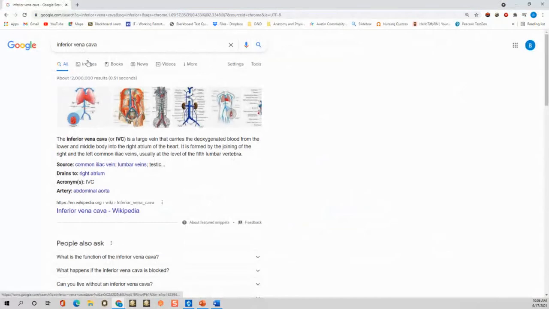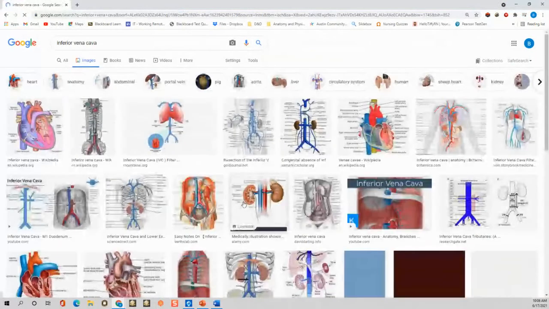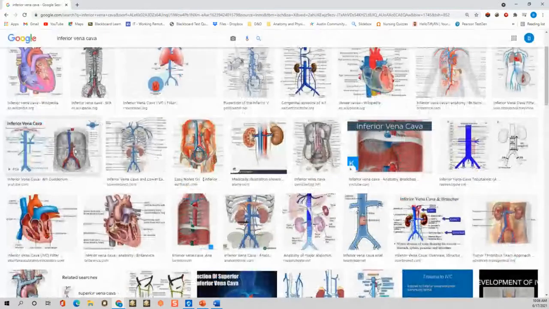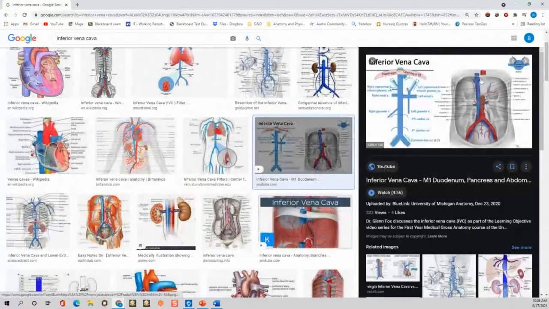So let me show you how big the inferior vena cava is, in case you didn't look this up already. The inferior vena cava runs all the way from the base of the heart, and it runs all the way down to your pelvis. It's huge.